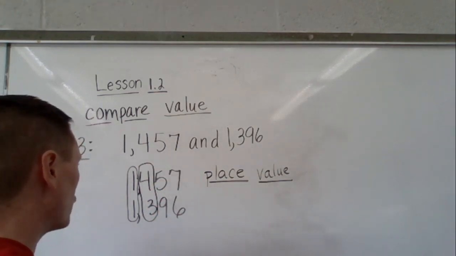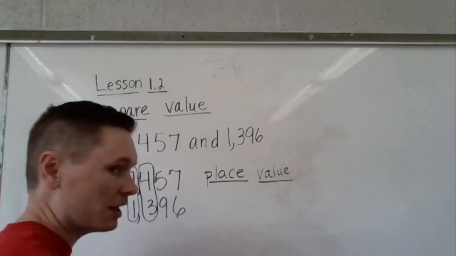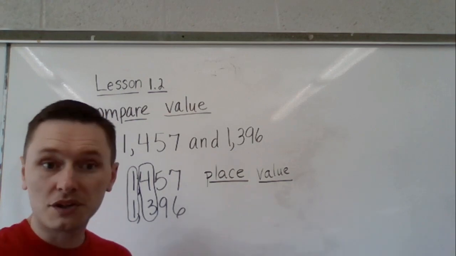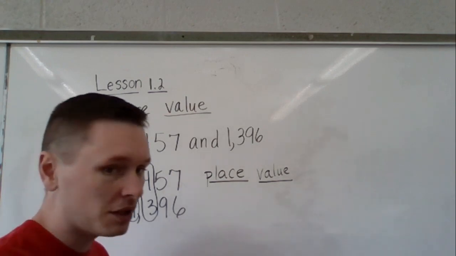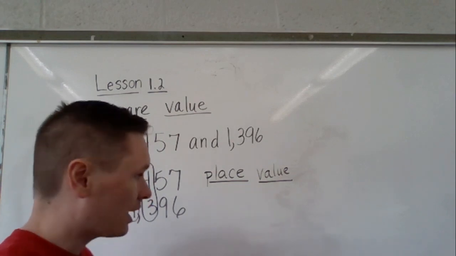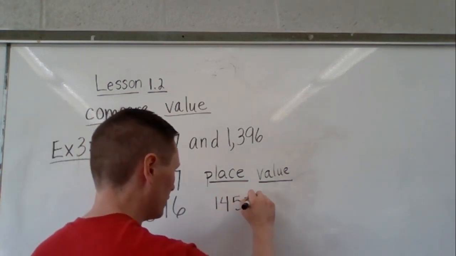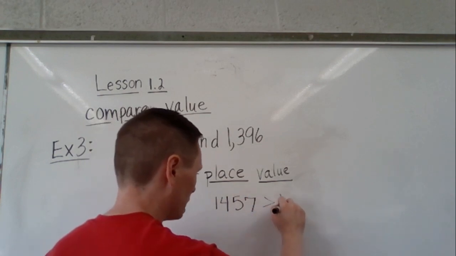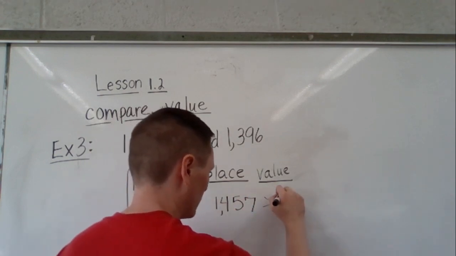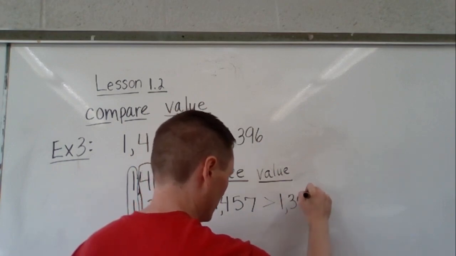Since 4 is greater than 3, that means that 1,457 is greater than 1,396.